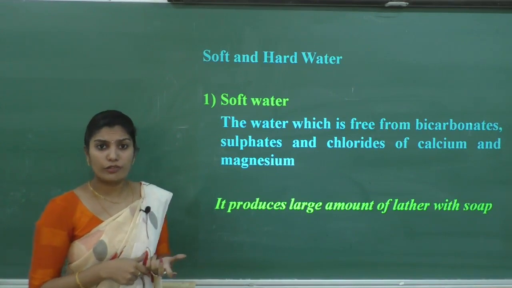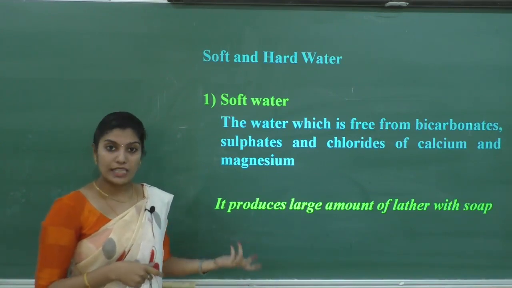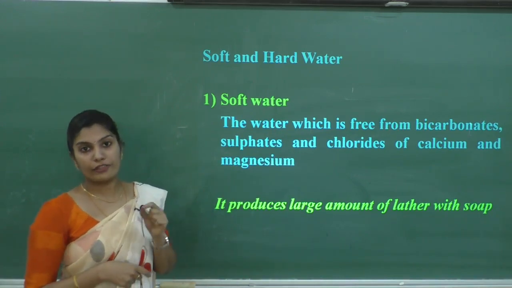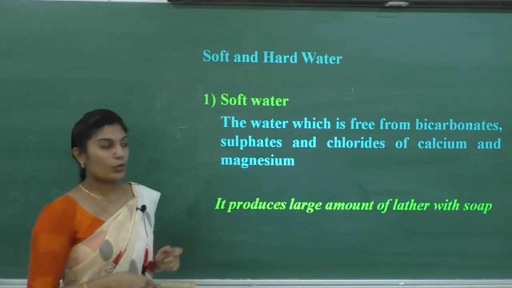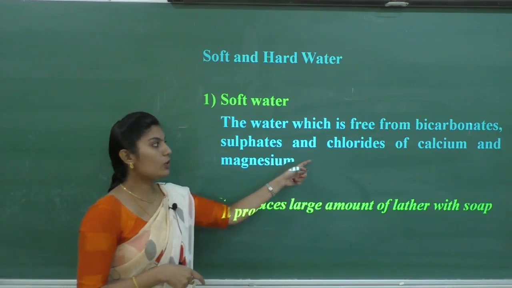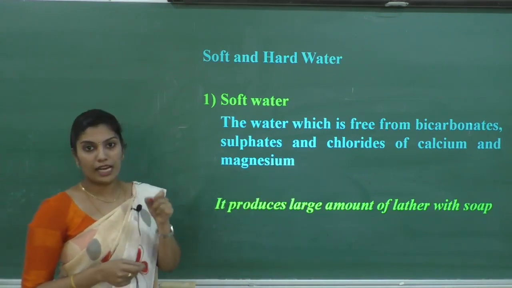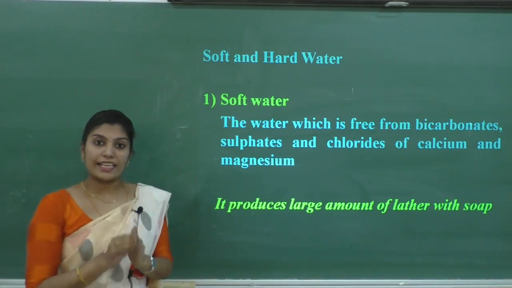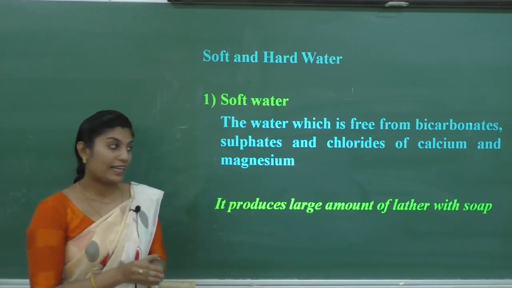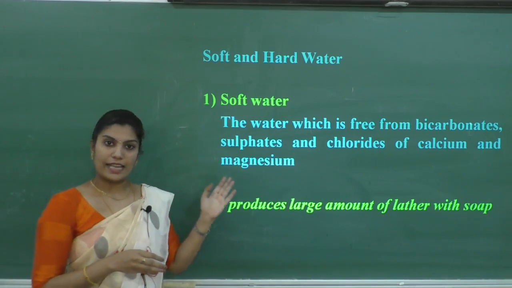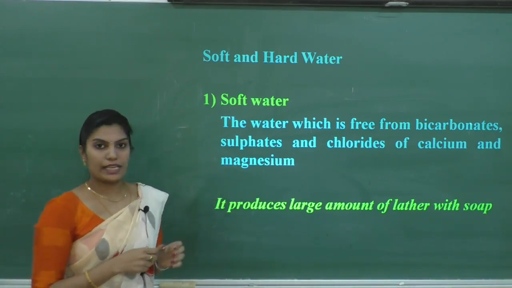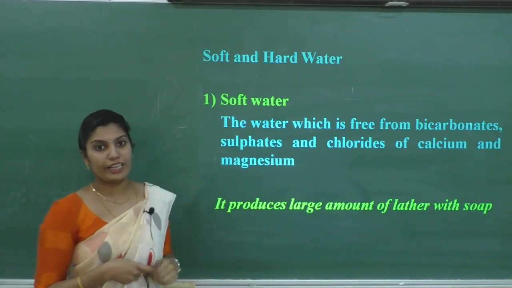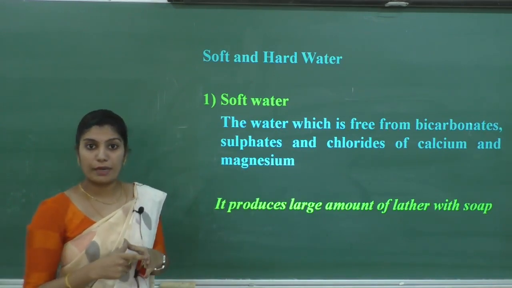Why does it form lather with soap easily? Because that water is free from bicarbonates, sulfates and chlorides of calcium and magnesium. It does not contain any dissolved salts like calcium chloride, calcium sulfate, calcium bicarbonate, magnesium chloride, magnesium sulfate and magnesium bicarbonate.